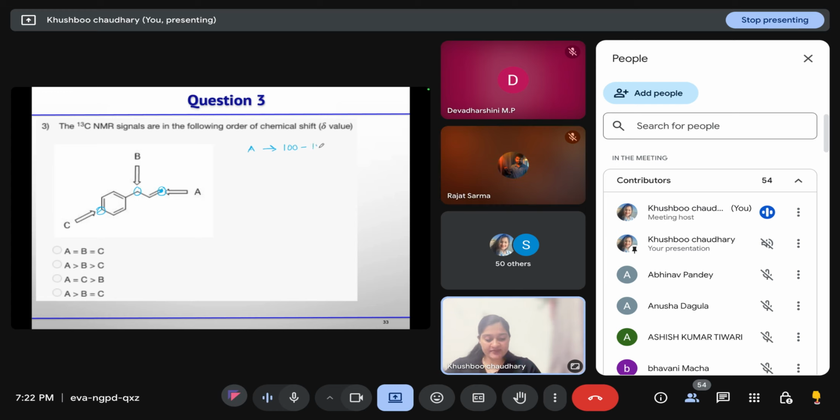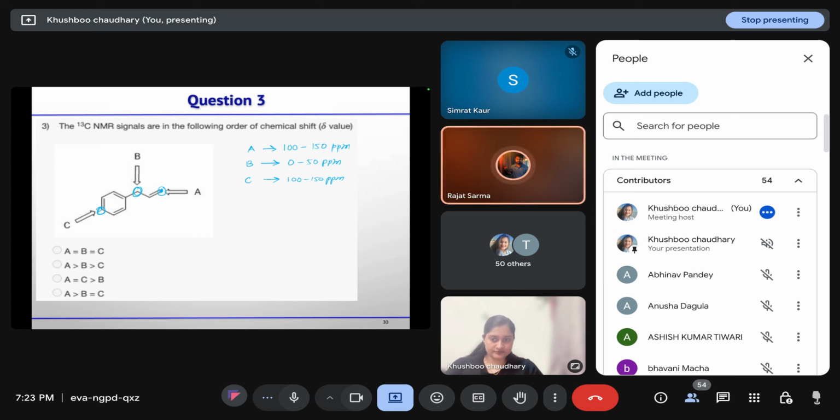B, 0 to 50 ppm. And C, 100 to 150 ppm. So which option is correct? Option C. Okay.